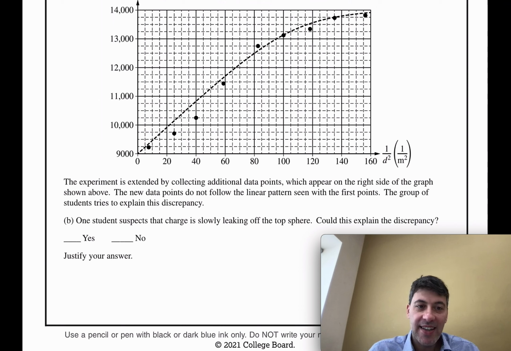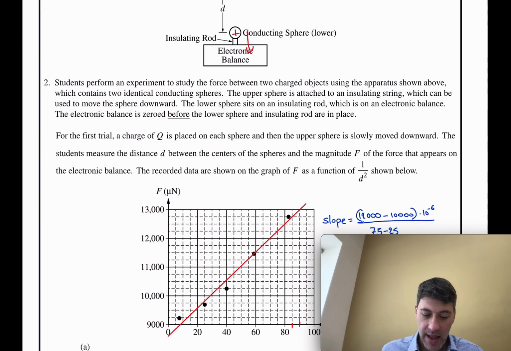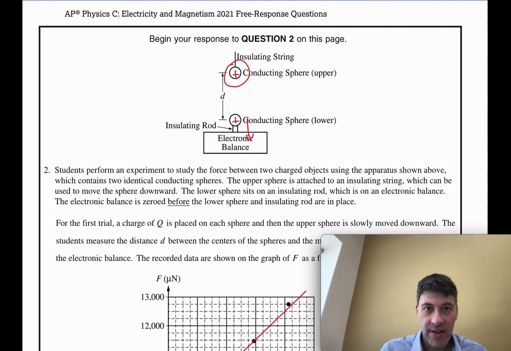The group of students tries to explain this discrepancy. One student suspects that the charge is slowly leaking from the top sphere, so the charge there is leaking and is reduced.